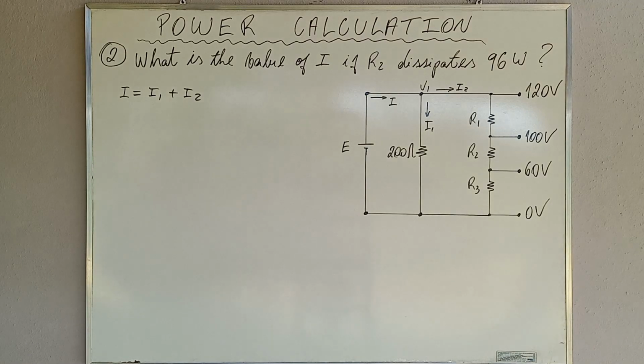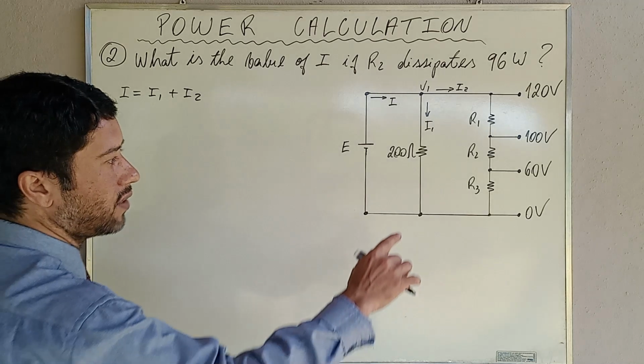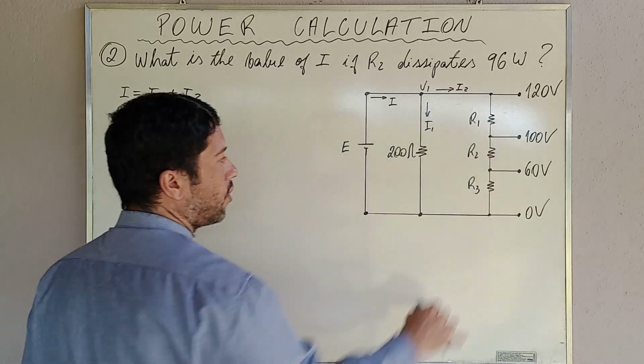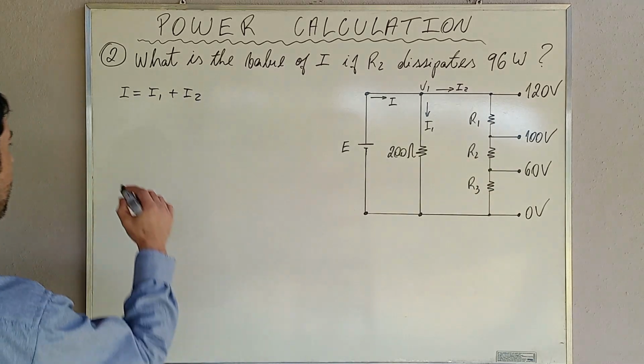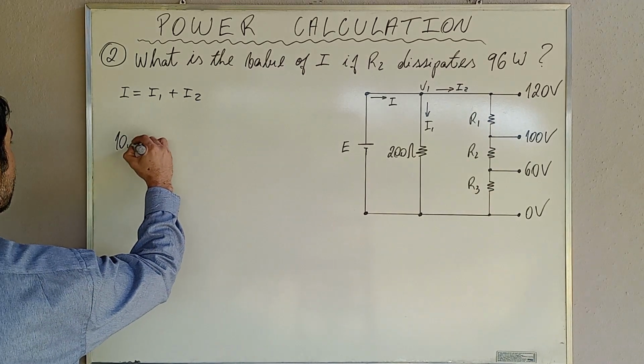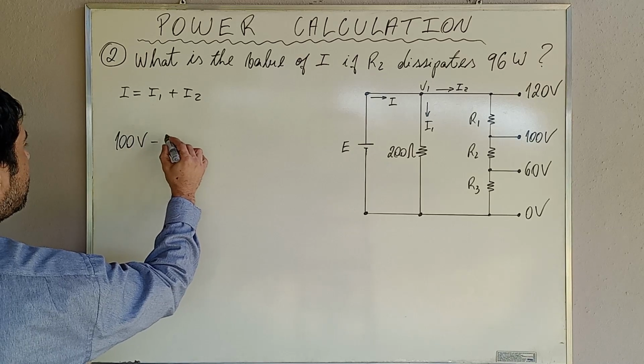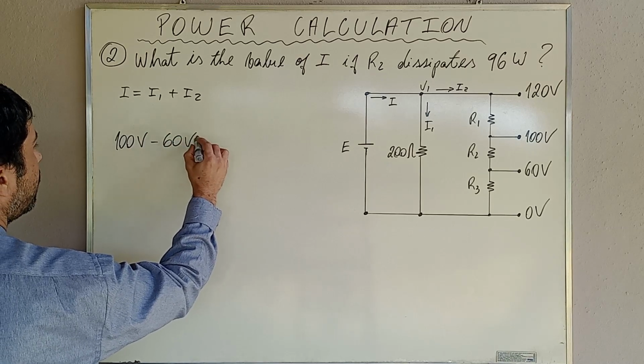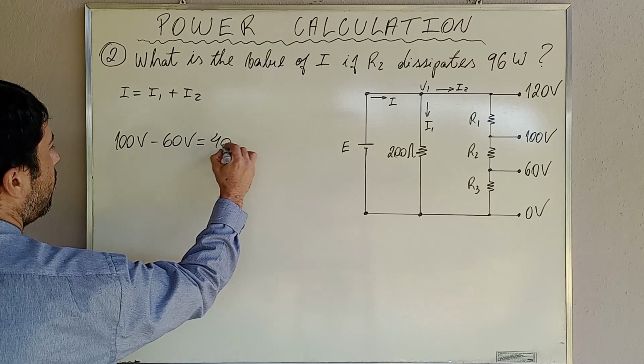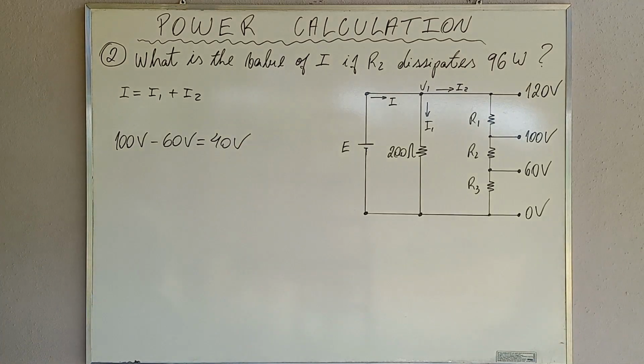Since R2 dissipates 96 watts and the voltage across it is 40 volts, observe that the voltage drop across R2 is 100 volts minus 60 volts, equal to 40 volts.